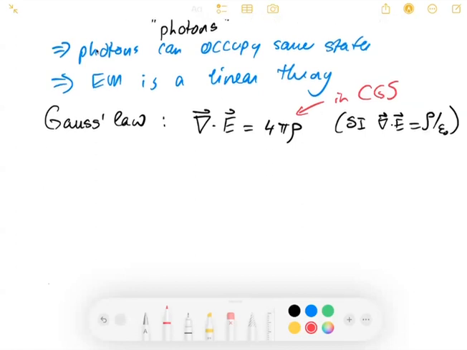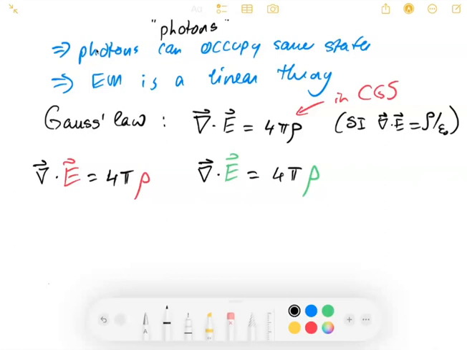Okay, so what do we mean by it's linear? Let's say I have some kind of a situation. I have some kind of a red object, some red charge, and it generates a field that I'm going to call the red field. So that means that these things must behave according to Gauss's law. So if I then afterwards have some other kind of an object, and it's a green object, which also creates some kind of a field, which we're going to call the green field, then it too must obey Gauss's law.